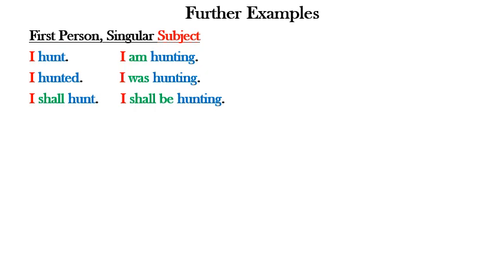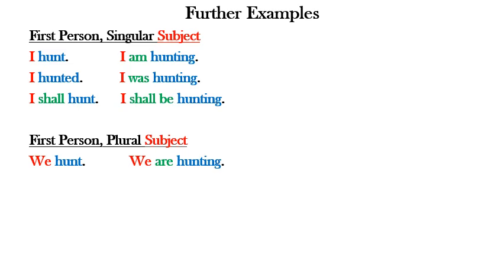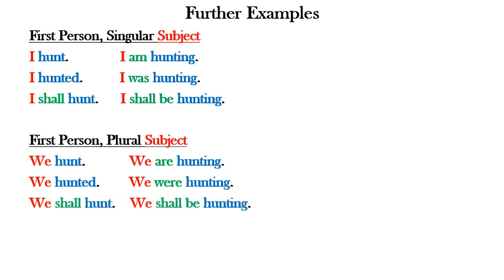Okay, please note the shall. Now you've got the first person with a plural subject. Notice the change. We hunt, we are hunting. We hunted, we were hunting. We shall hunt, we shall be hunting. All right.